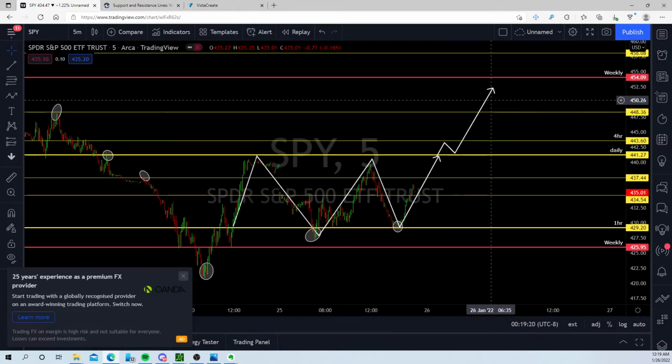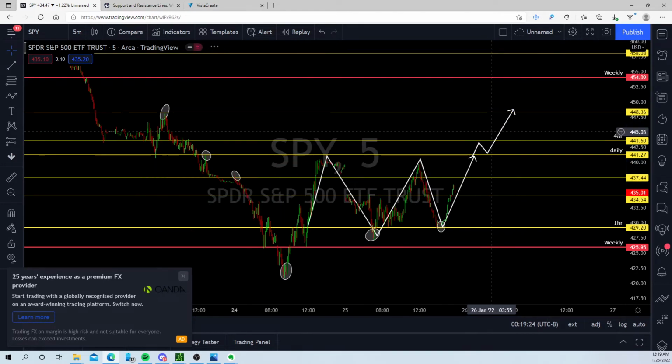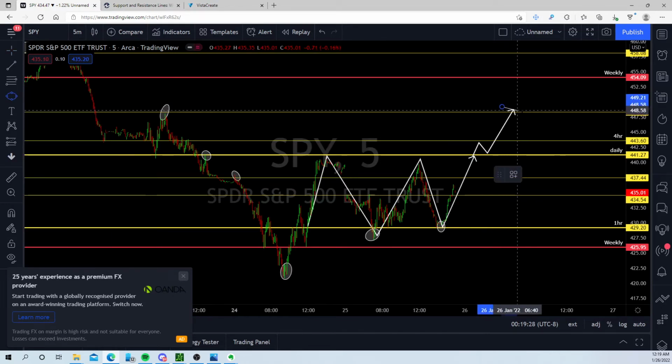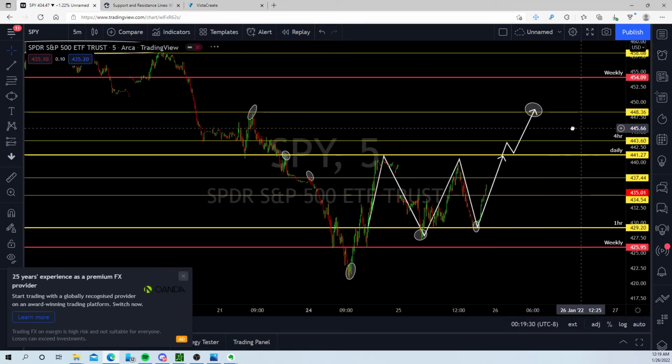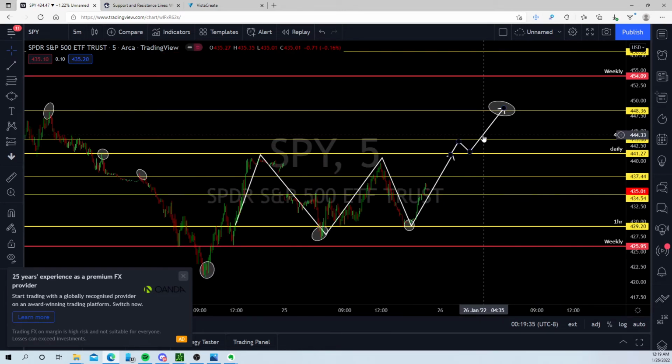Hopefully it doesn't fake us out and reverses like this, and we will see this back down to where it touched before, and that's your SPY levels. Look at that.